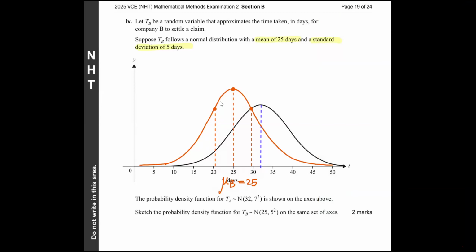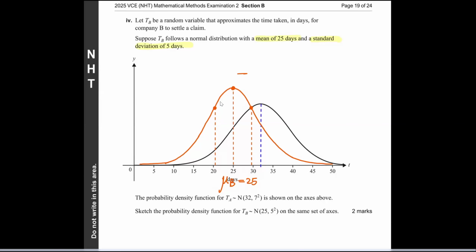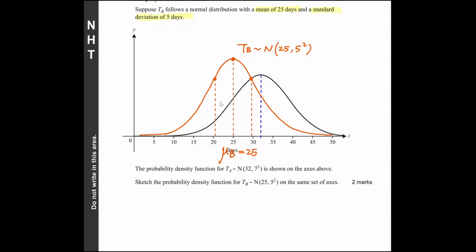Okay. And this is T B following normal distribution, 25, 5 squared. And I think in your textbook, either Cambridge Essential or Jacaranda or Nelson, they must have mentioned the general formula for normal distribution, like f of x equals 1 over sigma square root of 2 pi, e to the power minus half, x minus mu divided by sigma in the bracket, squared.